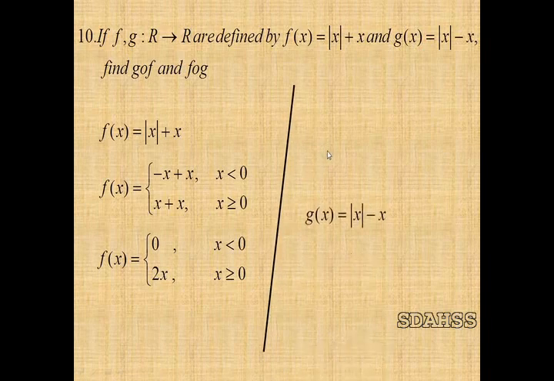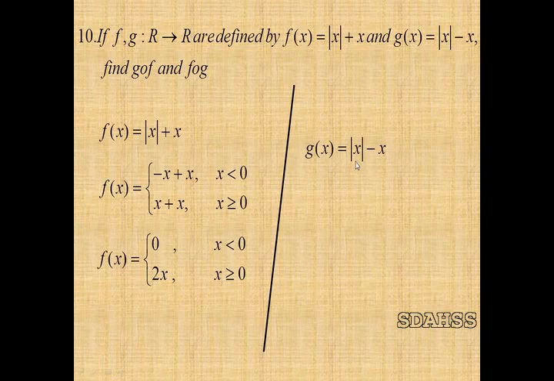Then let us take g of x. g of x is equal to modulus of x minus x. Modulus of x means plus or minus x. Plus x means greater than or equal to 0. Minus x means less than 0.